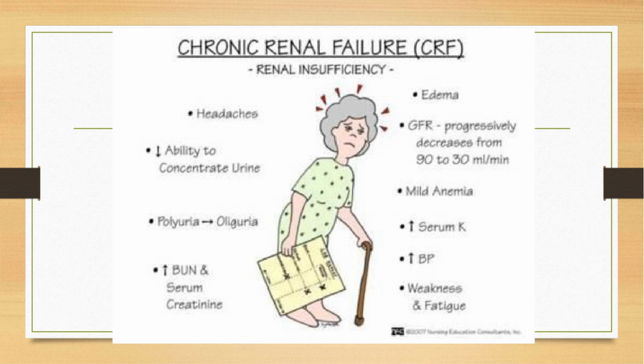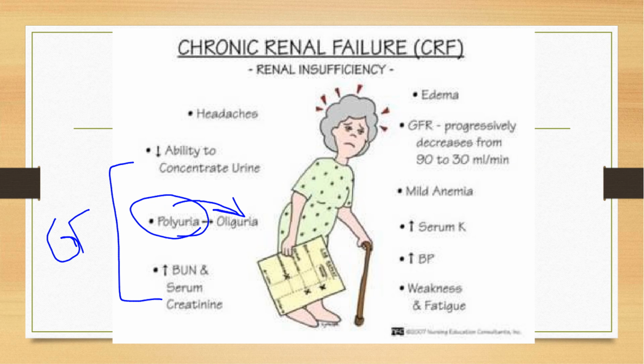But then eventually, as the chronic kidney disease progresses, they'll go from the polyuria to the oliguria. The kidneys will lose their ability to concentrate, and the BUN and creatinine will start to go up, and these will then start to be reflected in a declining GFR, which we've already talked about.